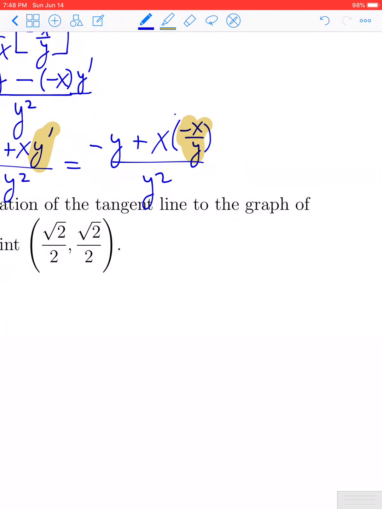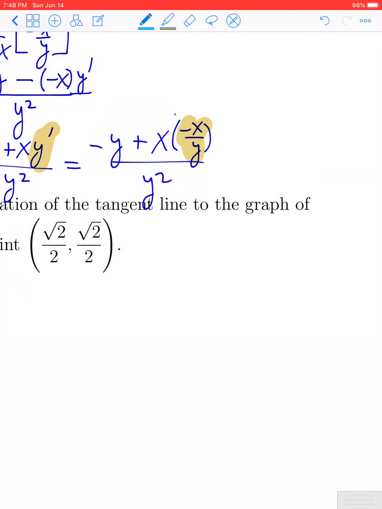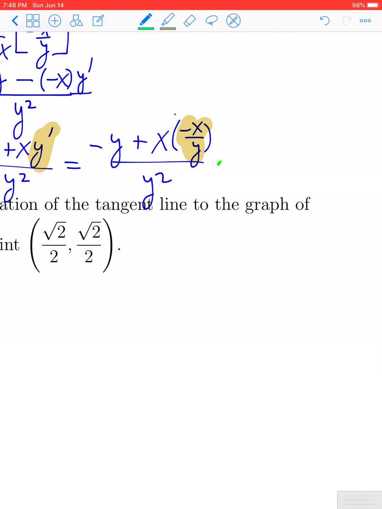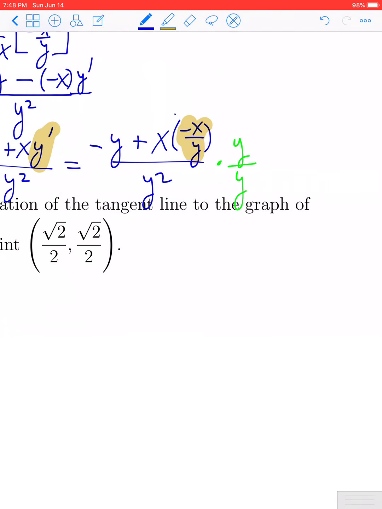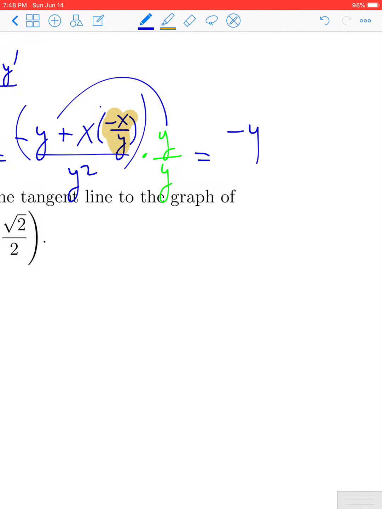And now I have the second derivative expressed only in terms of x and y. I do want to simplify this a little bit, because right now this would be a complex fraction. To simplify that complex fraction, let's multiply top and bottom by y. This is going to be equal to, if I distribute it into the numerator, negative y times y is negative y squared.